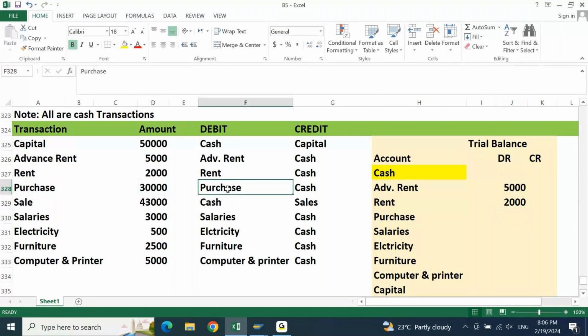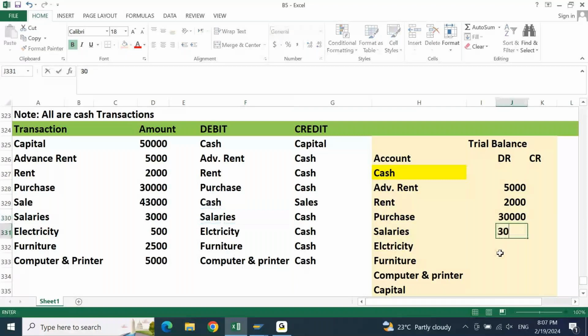Purchases is on the debit side in your accounting entry. If it is debit side, TB also debit side. Place 30,000 here. Next one is the salaries. Salaries is here in your accounting entry on the debit side. If your accounting entry is showing a debit balance, your TB also will show a debit balance. I'll put a debit balance of 3,000 here.